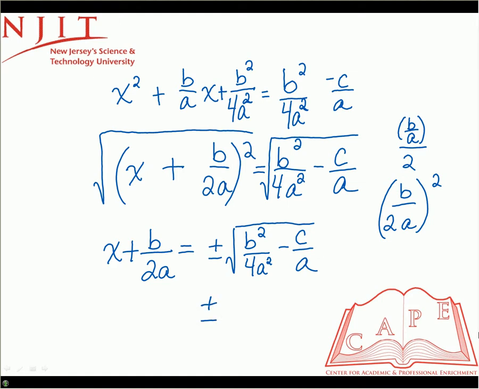Okay? First thing we want to do is combine it into one fraction, because we have two fractions underneath the radical. So let me just write this. Okay, on the denominator we have 4a squared and an a. So naturally, what is the common denominator? It would just be 4a squared.